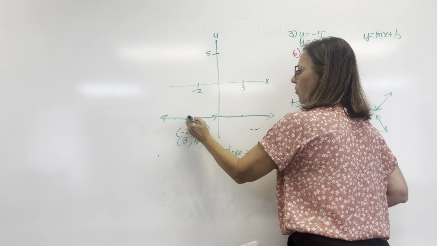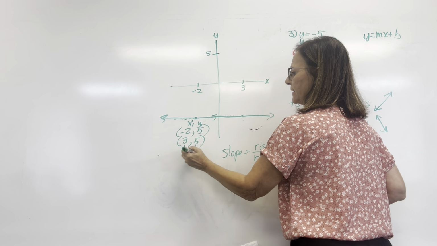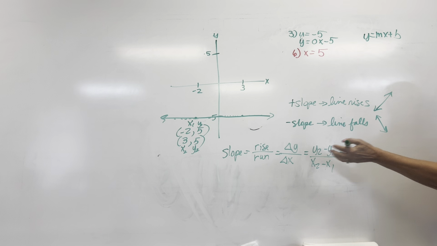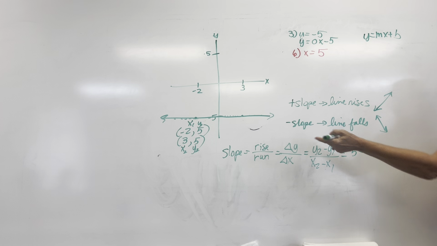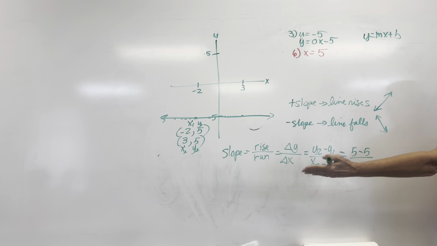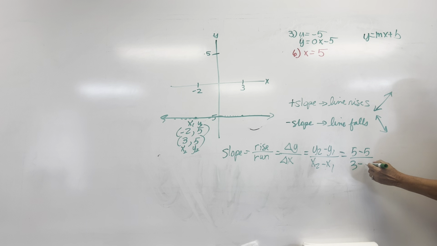Let's make one set sub 1, the other set sub 2. We did this in geometry last year. Y sub 2 is 5 minus y sub 1 is 5, over x sub 2 is 3 and x sub 1 is negative 2. Minus a negative is a positive.